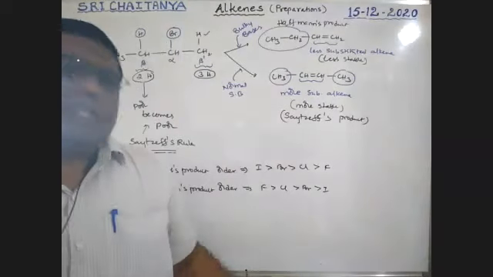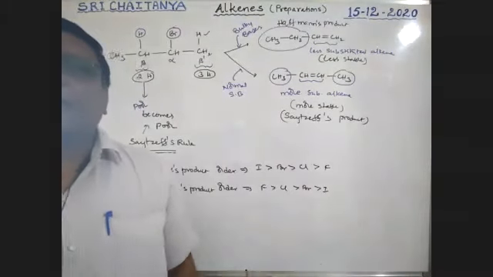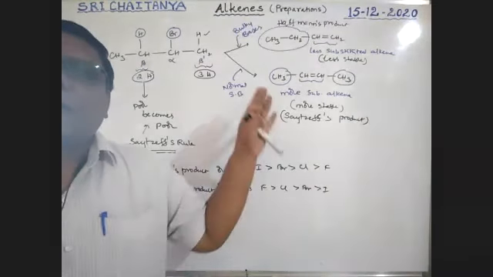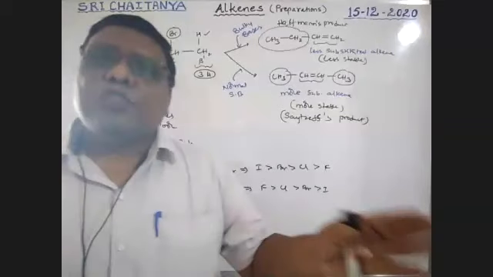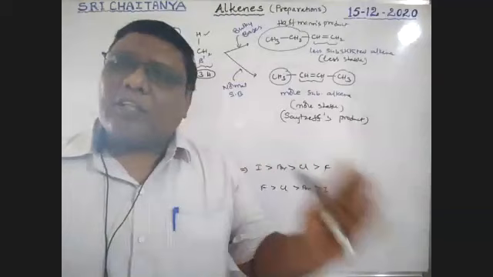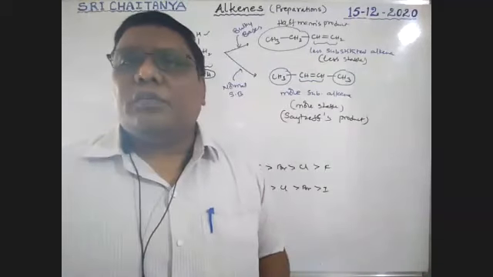Now, let us discuss some examples about this regioselectivity. Okay, boys, let us start. Which is the major product and which is the minor product depends on the reagents, the leaving groups, and the basis we use.